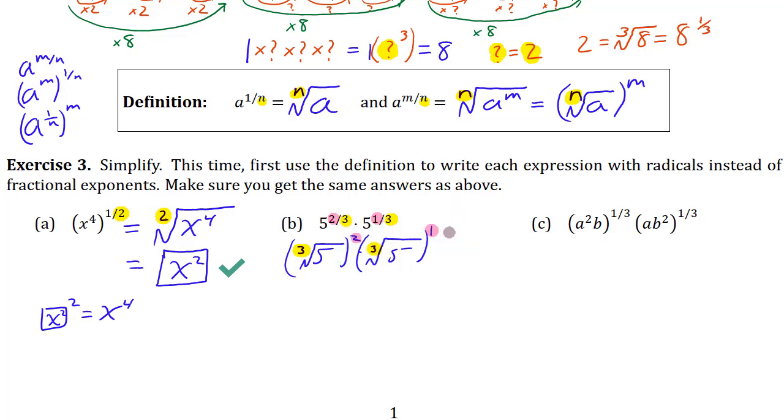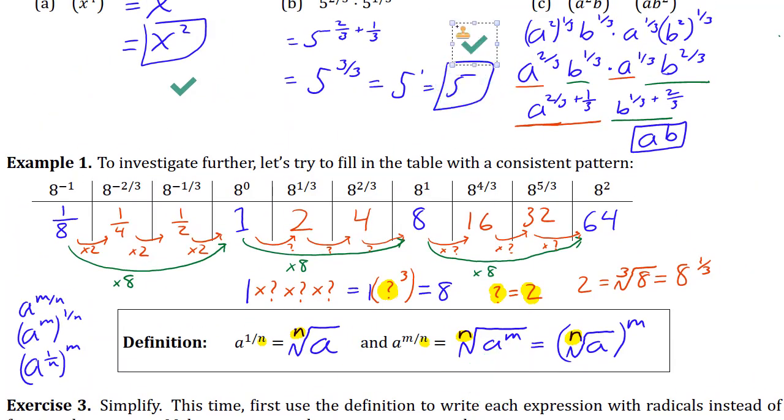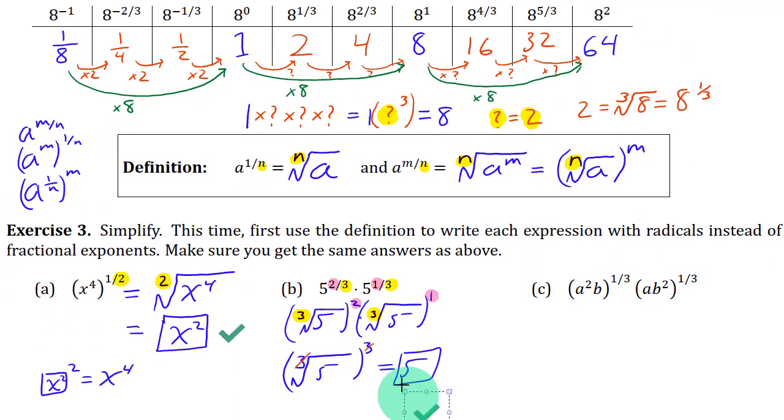So you can just do 2 plus 1 to write this as the cube root of 5 to the power 3. And a cube root and raising it to the power 3 just cancel each other out to give you 5. And is that what we got before? Yes. So whether you use the exponent rules or whether you use this definition, we're getting the same thing.